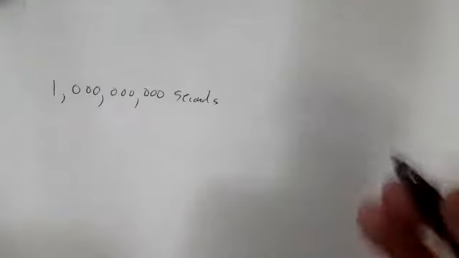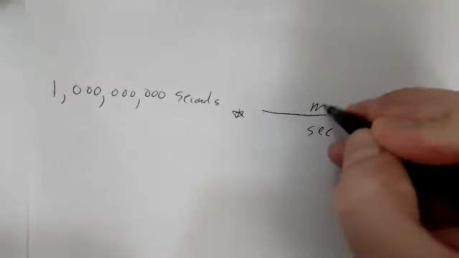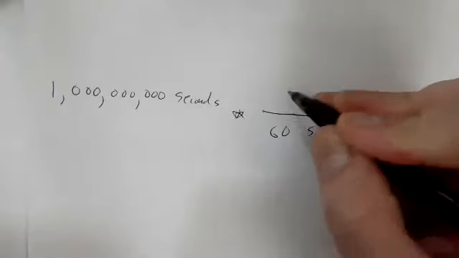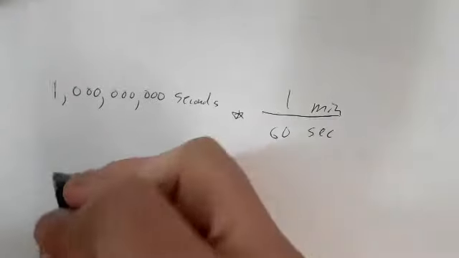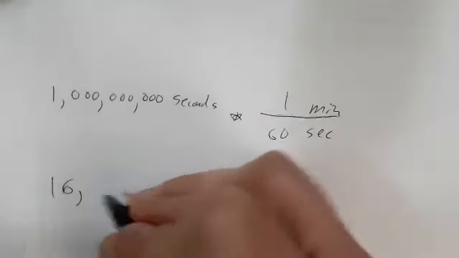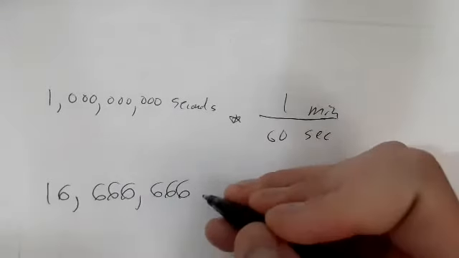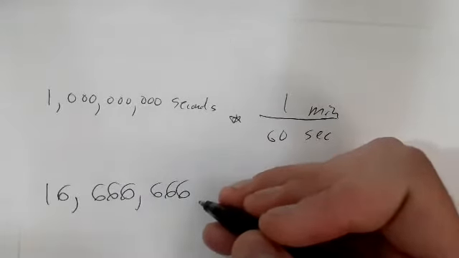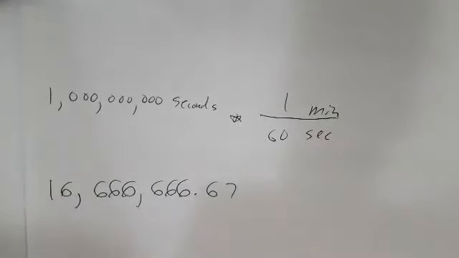Okay. Minutes. That's in 1 minute. So the first thing I'm doing is I'm taking 1 billion and I'm going to divide it by 60. That's going to give me 16666 and like 2.67, right?